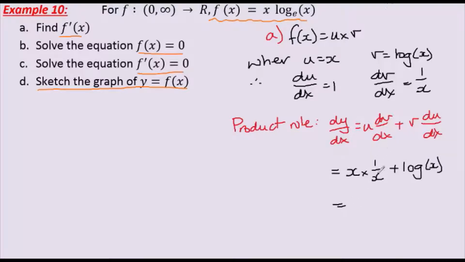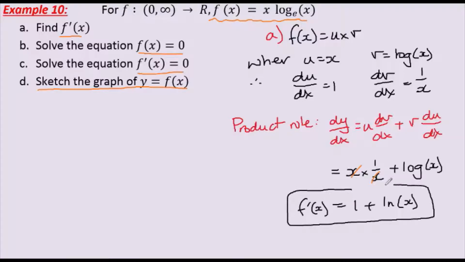When I cancel the x's out, I'll end up getting 1 plus log x. And I've written ln there because it's log to the base e, and this is the natural log, so that's fine. So therefore, I'll answer the question the way it's asked. I'm given it as f of x, so I'm going to answer with f dashed of x. And there is my answer.